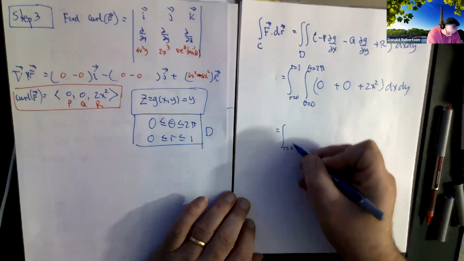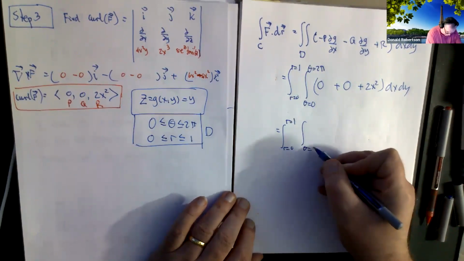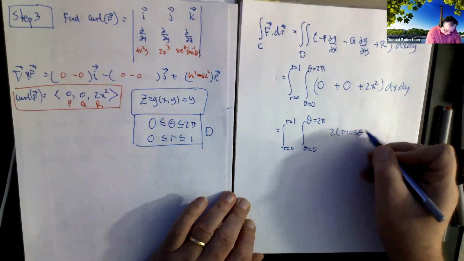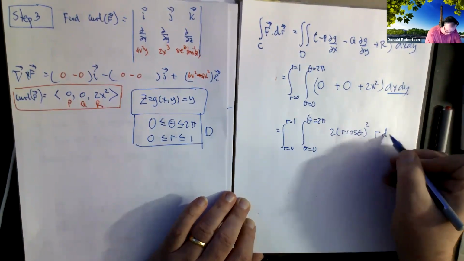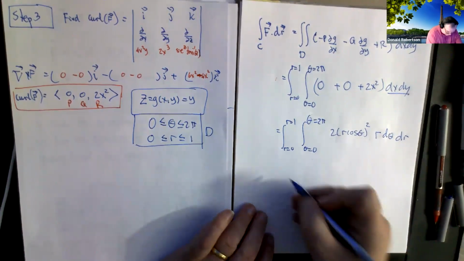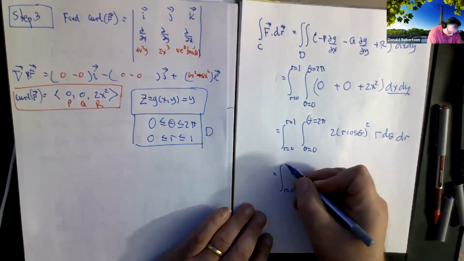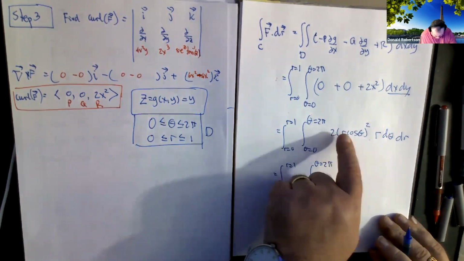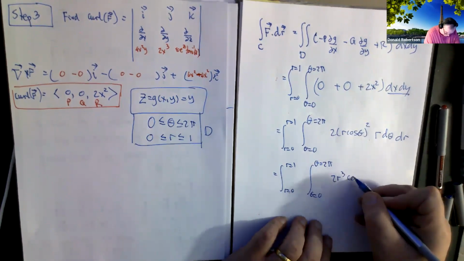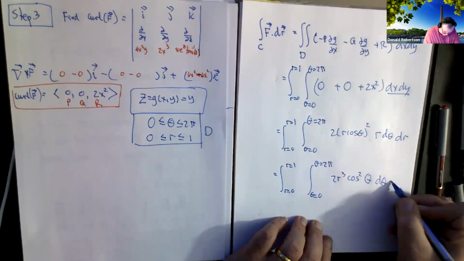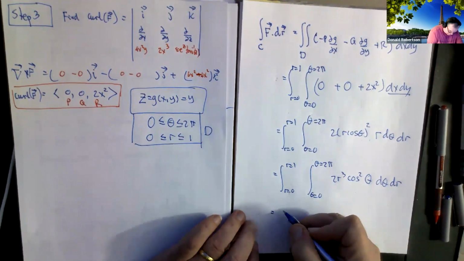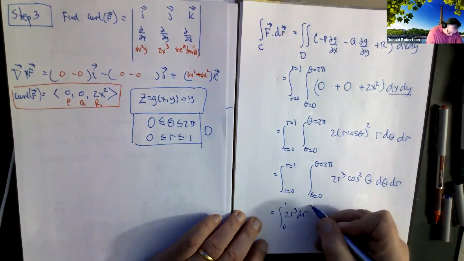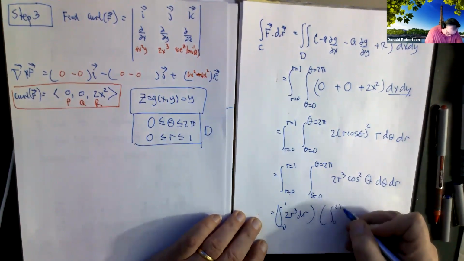So r equals 0 to r equals 1, theta equals 0 to theta equals 2 pi. x becomes r cos theta squared, and that guy becomes r, in this order, d theta dr. So I'm going to have 0 to 1, 0 to 2 pi, 2 that, and that gets me 2r cubed with a cos squared theta d theta dr. And now I'm going to split it into 2r cubed dr, because it's variable separable, and 0 to 2 pi of cos squared.